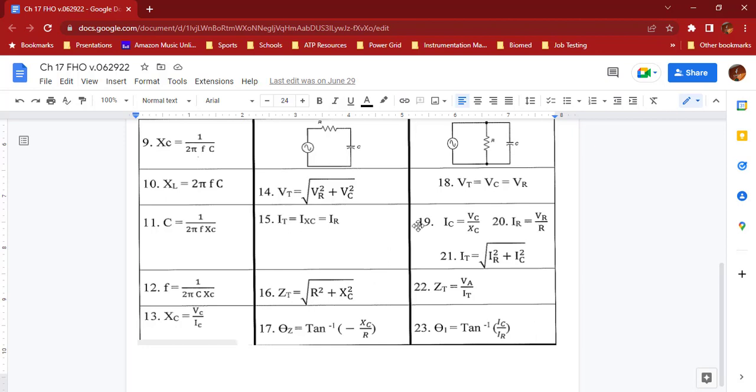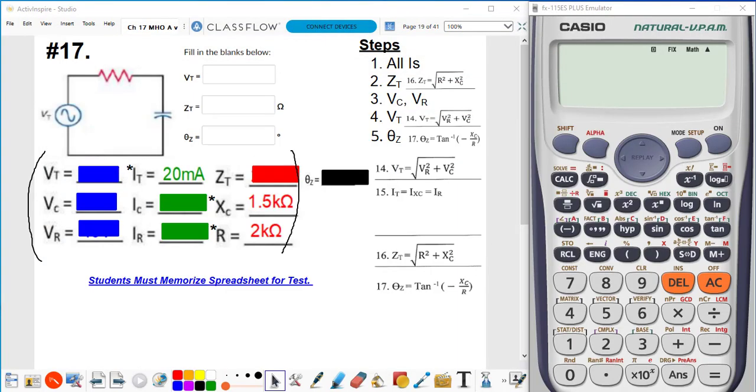Do not cross this line over here and use any of these formulas for a series, and vice versa. When we're doing parallel, don't cross this line and use any of these. And I'll show you how that's an easy mistake to make in a future video.